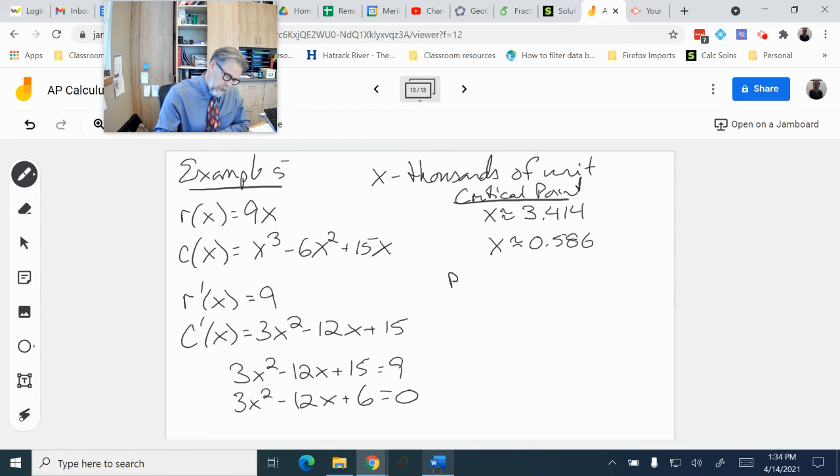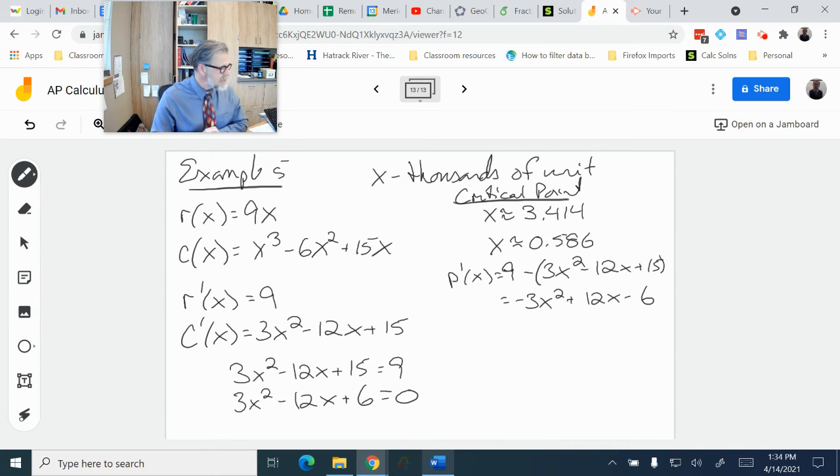So let's find out. Marginal profit is defined as marginal revenue minus marginal cost. So we've got 9 minus (3x squared minus 12x plus 15), which is negative 3x squared plus 12x minus 6.